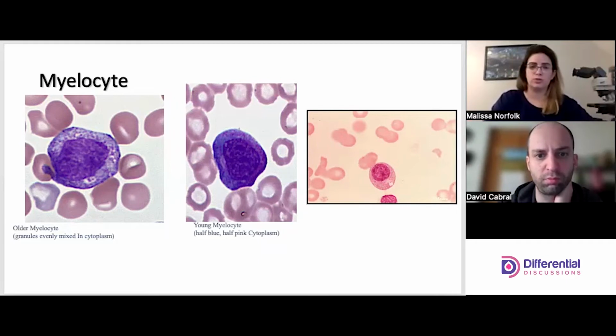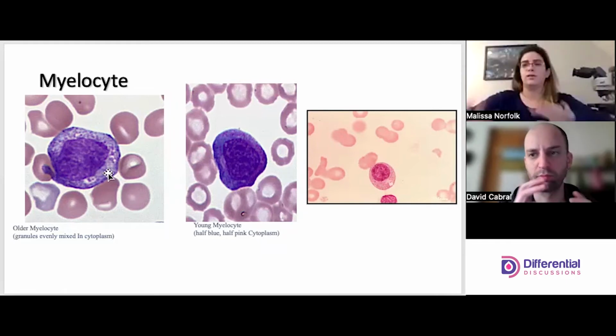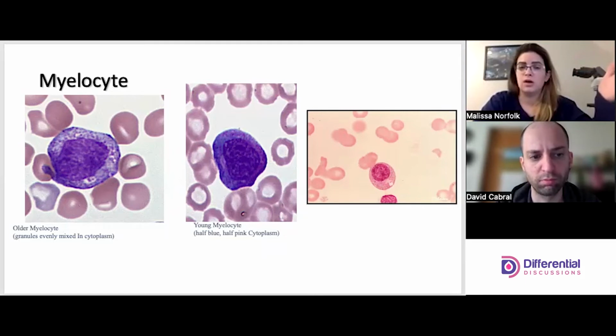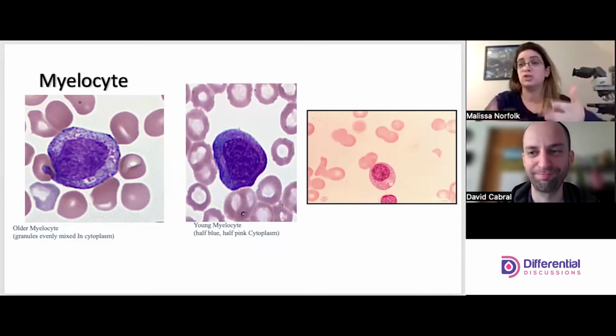As the cell matures, they'll evenly mix throughout the cytoplasm. It just takes some time. So you may see younger myelocytes or older myelocytes on your peripheral blood smears. You don't differentiate them; we put it there for educational purposes, just so that you understand why they may look slightly different.